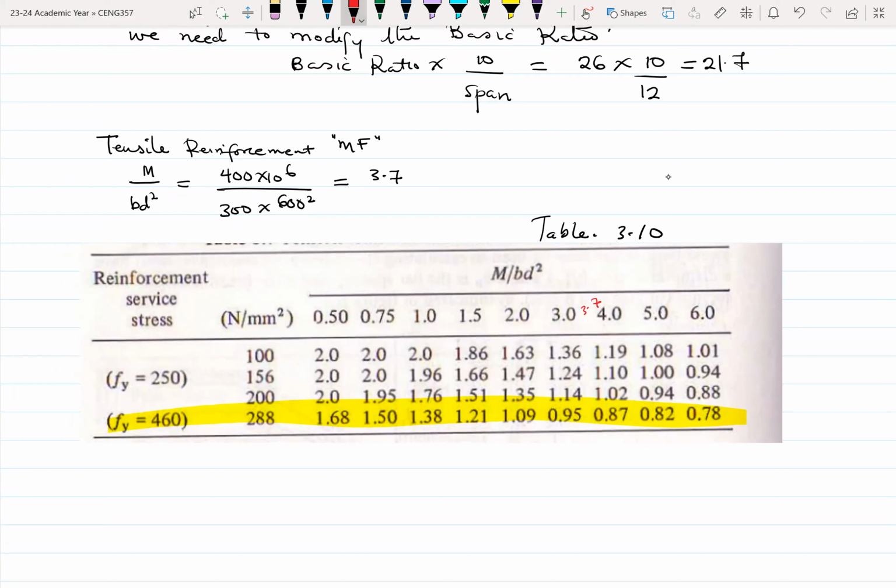Okay. So we are looking at between 0.95 and 0.87. All right. And this is pretty much we do some bit of interpolation.